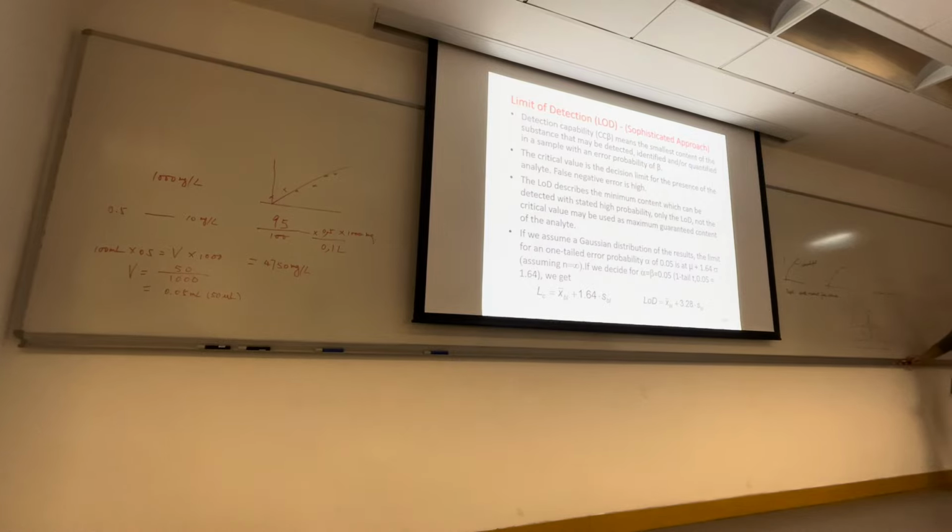Still remember, the most important concept is the signal from the blank and the signal from a sample at near zero or at the LOD, that is the limit of detection. They will overlap, and this is a simple normal distribution. You can't always say that, oh, I am 100% sure that is from the signal, or I am 100% sure that is from the blank. No, there is a certain level of false positive and false negative result.